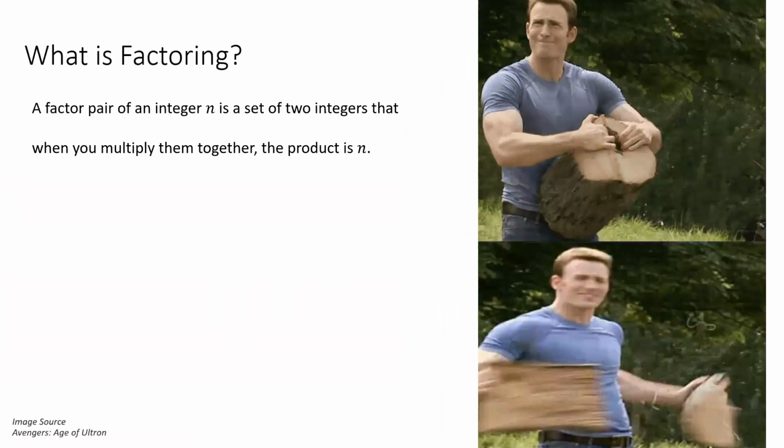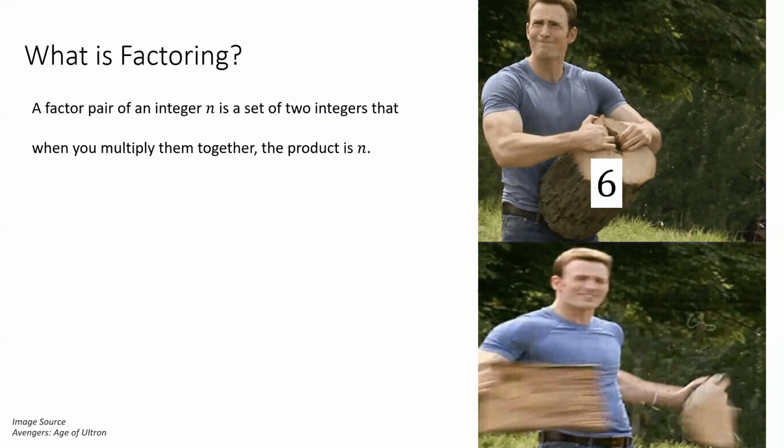So what is factoring? A factor pair of an integer n is a set of two integers that when you multiply them together, the product is n. For example, we have the integer 6. What are two integers that when you multiply together, we will get 6? It can be 2 and 3 because 2 times 3 is 6. Another factor pair is 1 and 6, right? Are those all of the pairs, or maybe there's more?